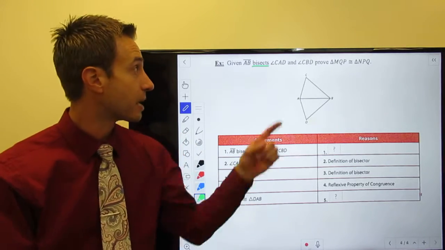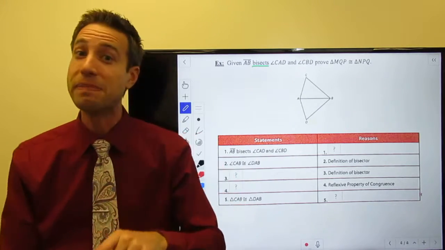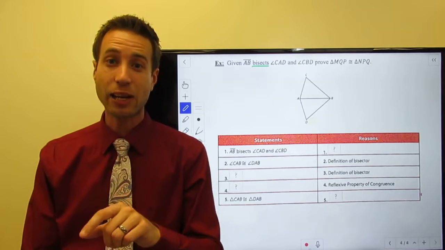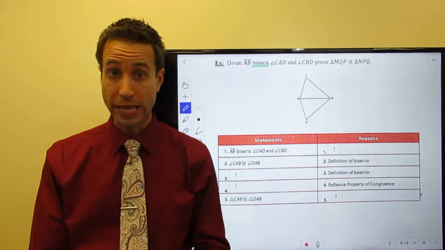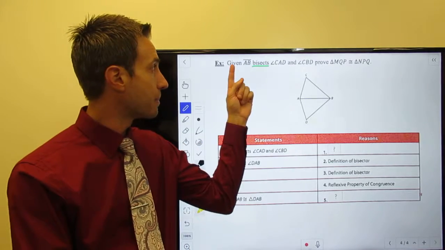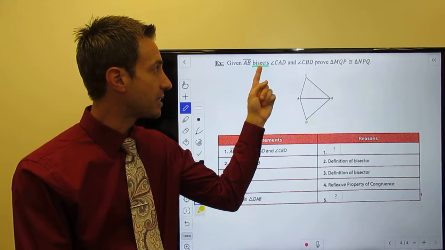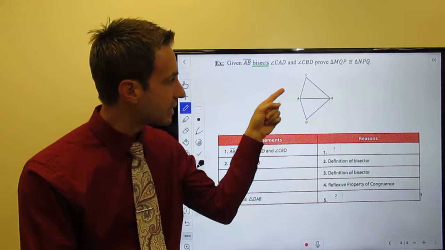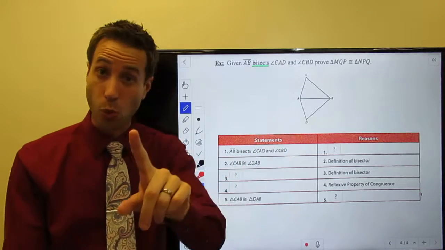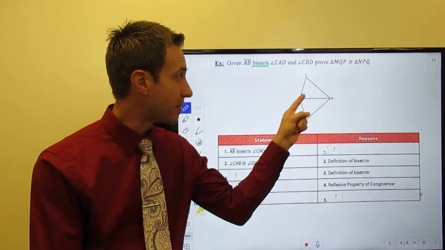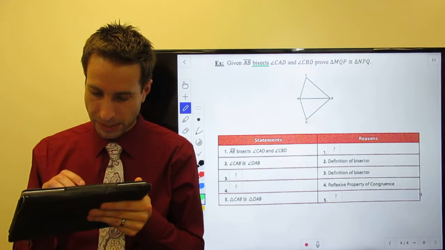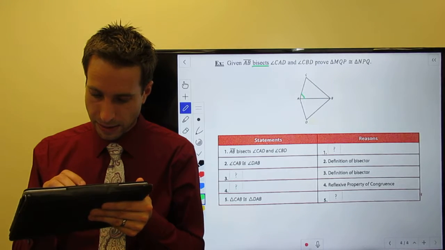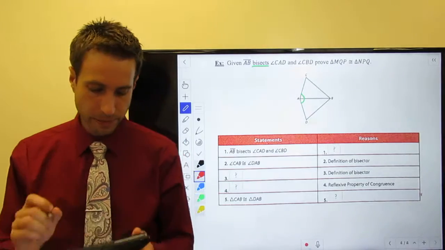Bisects means that it cuts an angle into two equal or congruent angles, right? So what I know is that this angle and that angle must be congruent.